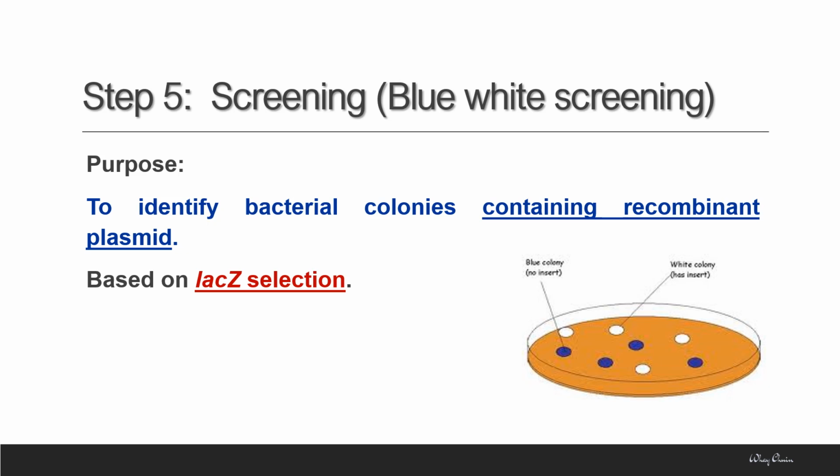This step is very important to help us differentiate the bacterial colonies with recombinant plasmid from the bacterial colonies without the recombinant plasmid. And the blue colony and white colony forms are actually due to the presence of the LacZ gene.